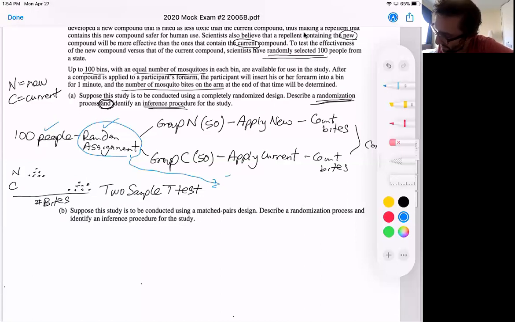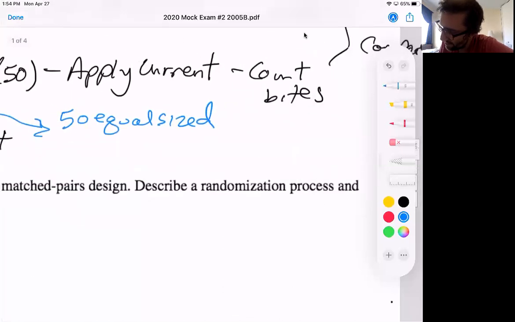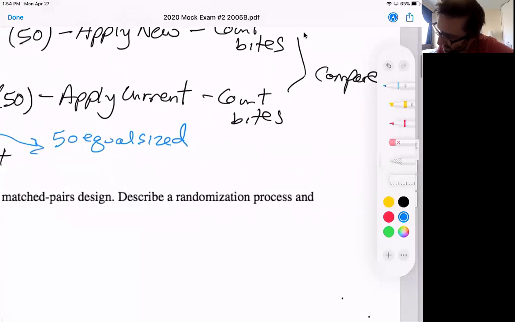We'll have 50 equal sized slips with C on it, and 50 with N on it.